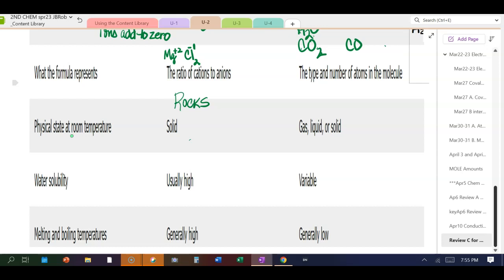And so it takes a lot of energy to melt or boil them. So that's why you're not going to see ionic compounds as liquids.